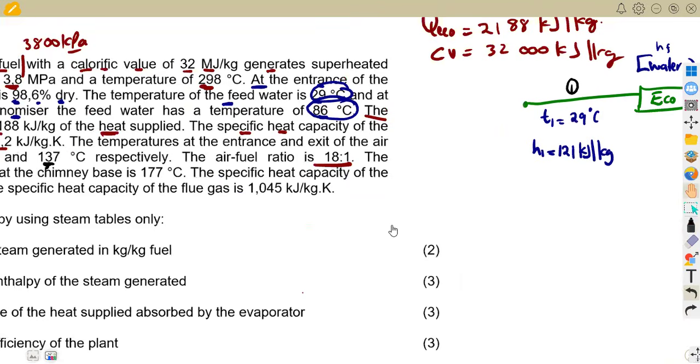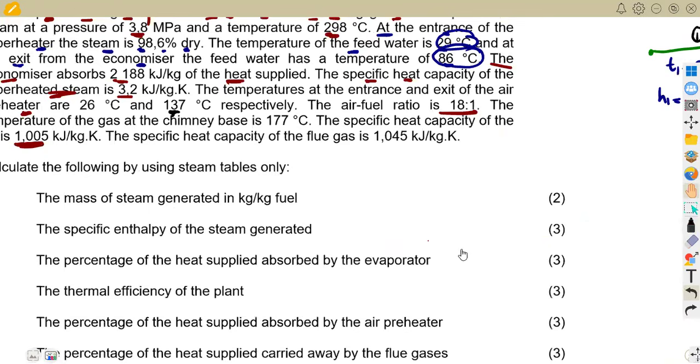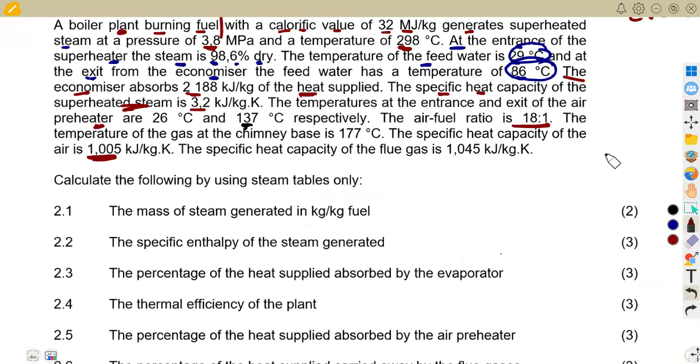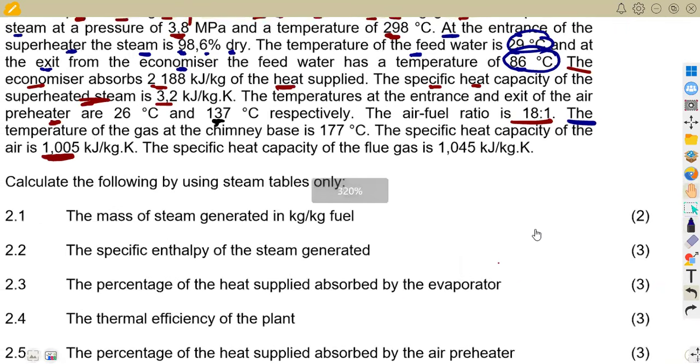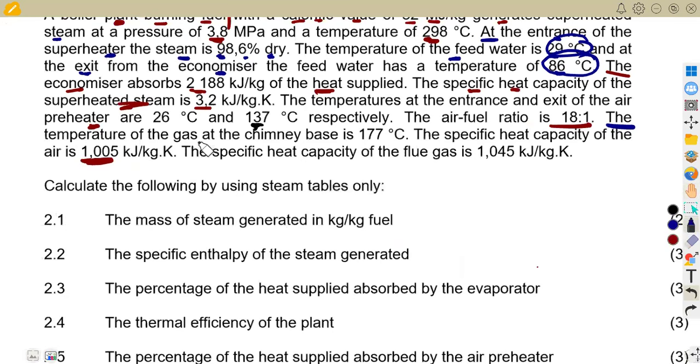All right. Then they also gave us something about the chimney in this case, which is the part that I left out here. They are saying the best temperature, which is the temperature of gas at the chimney base, is 177. I told you that at the base of the chimney, that is your T out. And the chimney, remember, talks about the flue gases. That is why we're also given the specific heat capacity of the flue gases at the chimney.